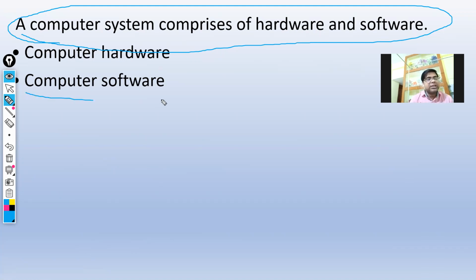Then what is computer software? Software is the programs or applications that run on a computer. You have Flash, Dreamweaver, MS Word, PowerPoint, even your operating system.